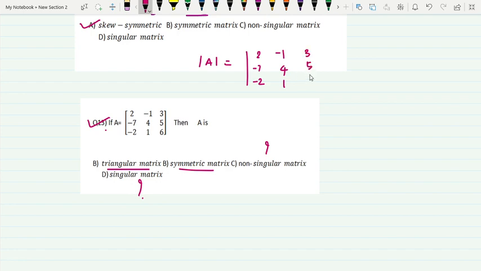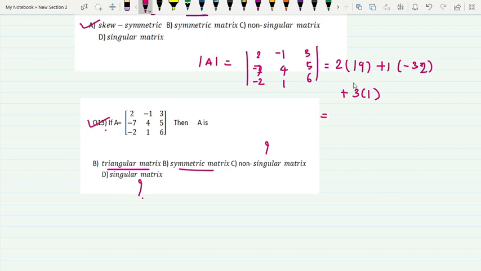3, 5 and 6. Expand this determinant: 2 into 24 minus 5, it is 19, plus 1 into the expansion of this, minus 42 plus 10, minus 32, plus 3 into minus 7 plus 8, it is 1.